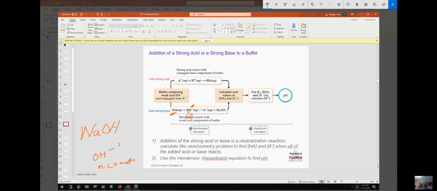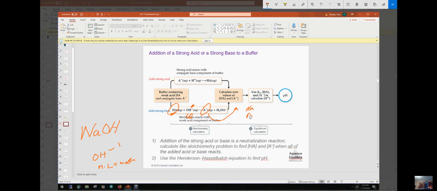Now, at the end of that process, I'm going to have a certain number of moles of this, certain number of moles of this. Okay? I figure out what the volume of the solution is, get those guys back to volume, back to molarity, and now I have a buffered solution with some HA in it and some A minus.